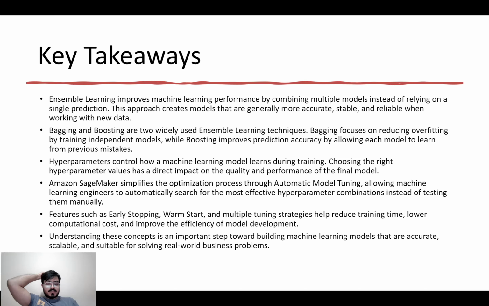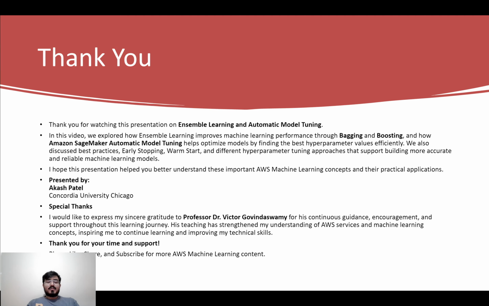Instead of manually testing many different combinations, AWS SageMaker uses automatic model tuning to search for better hyperparameters automatically. Understanding these concepts is an important step toward building machine learning models that are accurate, scalable, and ready for real-world applications. So this brings us to the end of my presentation.